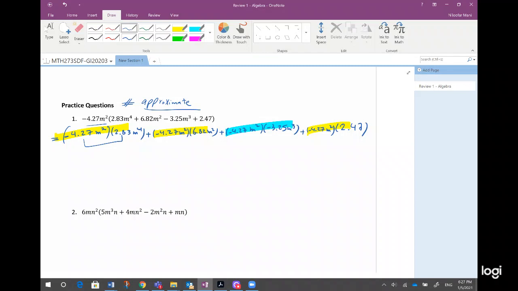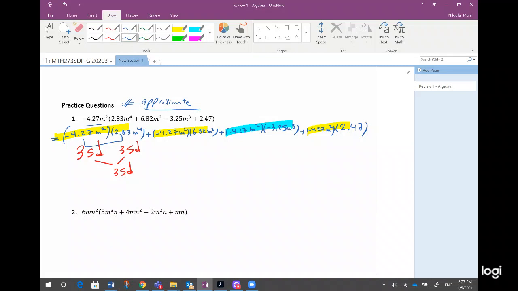I find the answer, but because it is approximate, I have to think about rounding. This is 3 significant digits, this is 3 significant digits, so I need to round to 3 significant digits.